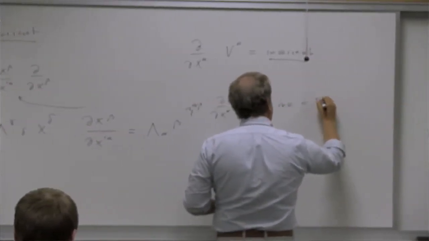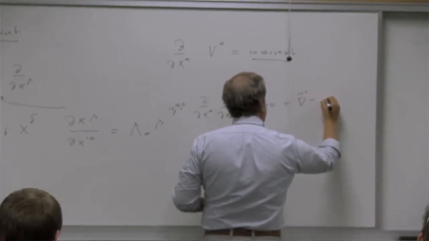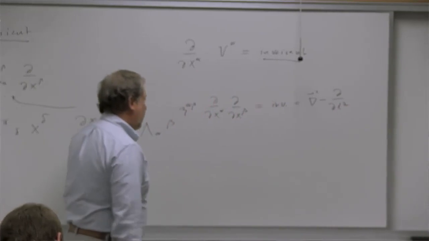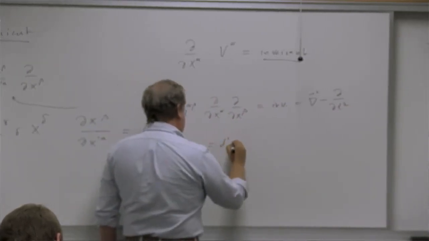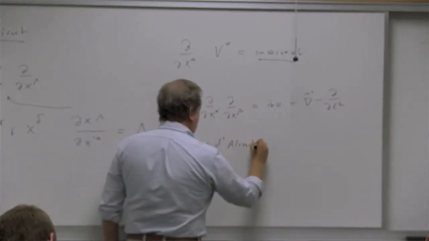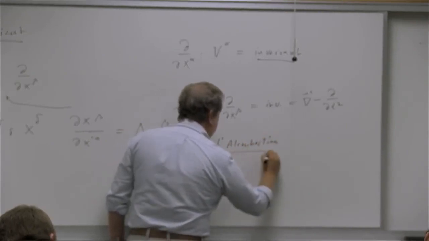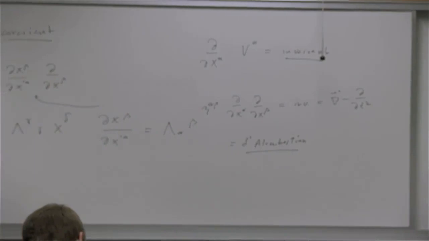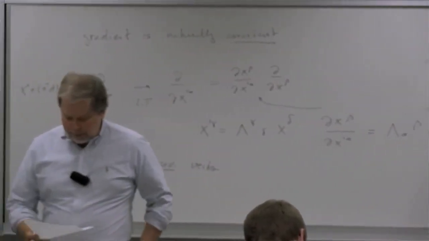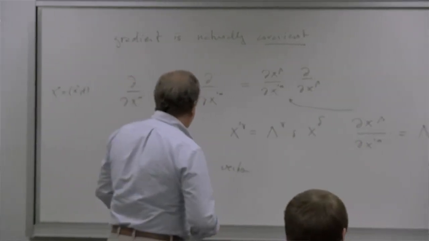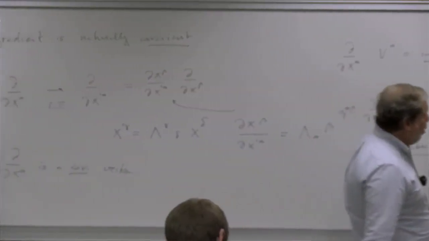And it is equal to the gradient squared minus d by dt squared. So this is equal to the D'Alembert, right? The operator that appears in the wave equation is in fact invariant because of this property of the gradient.